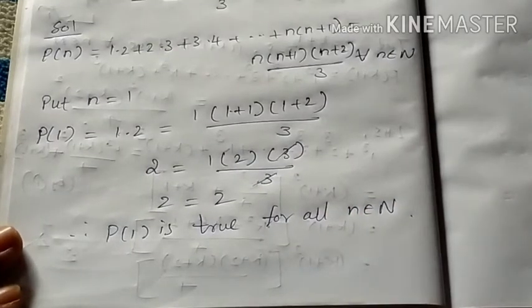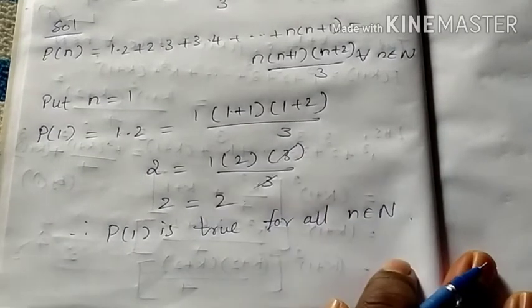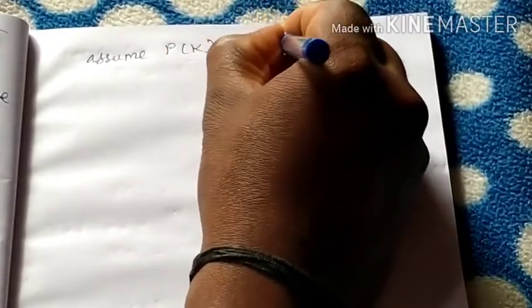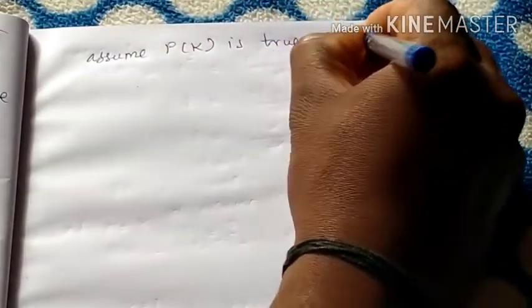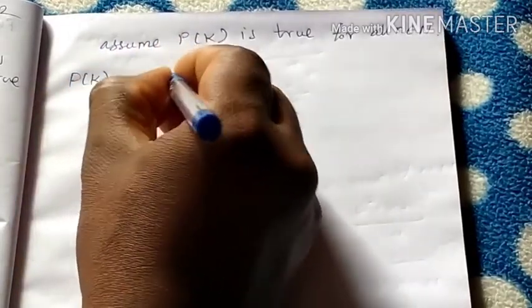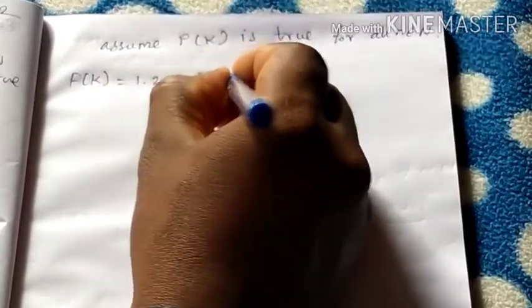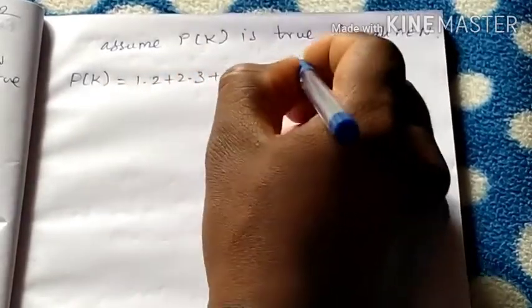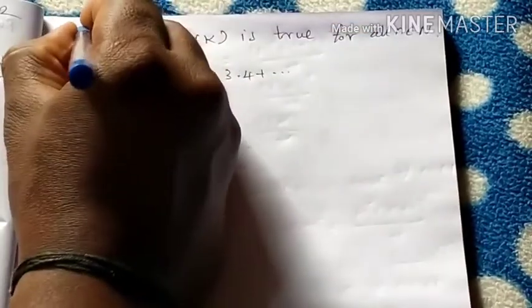Have you understood? Next, assume that p of k is true. Assume p of k is true for all n belongs to N. This is the second step. Okay, so p of k equals 1 into 2 plus 2 into 3 plus 3 into 4 and so on. Now put n equal to k.